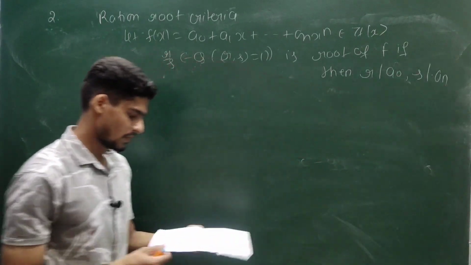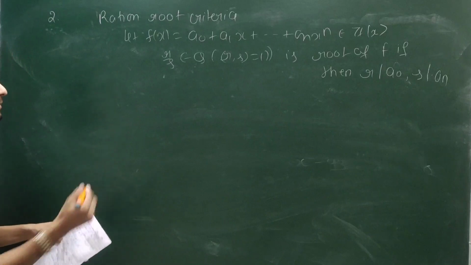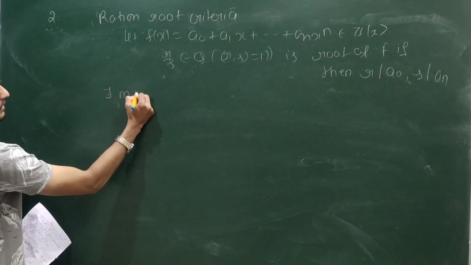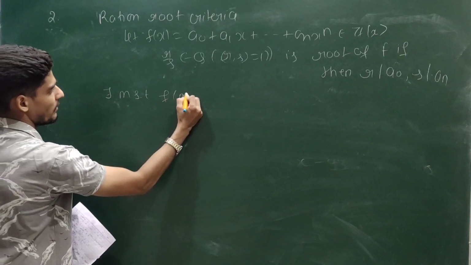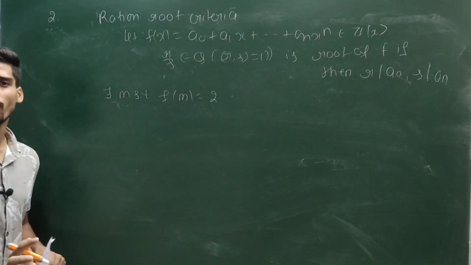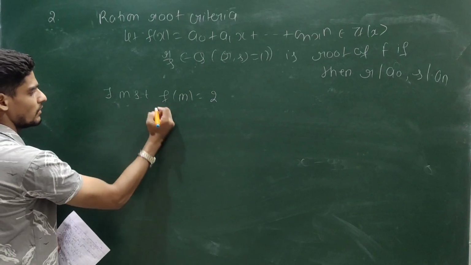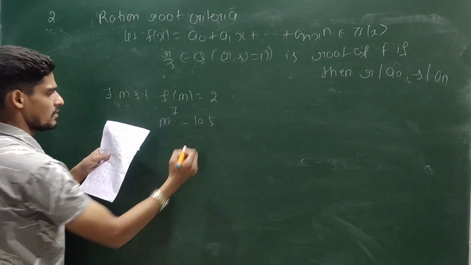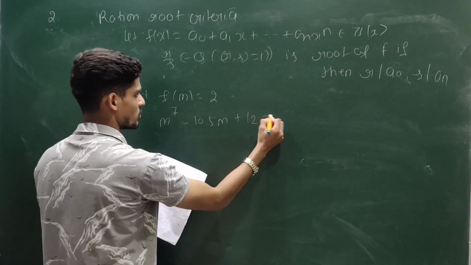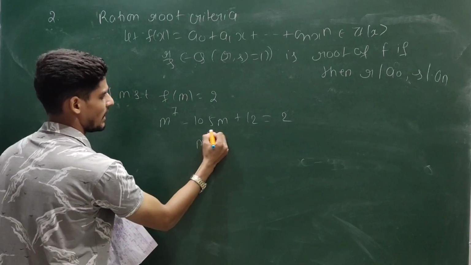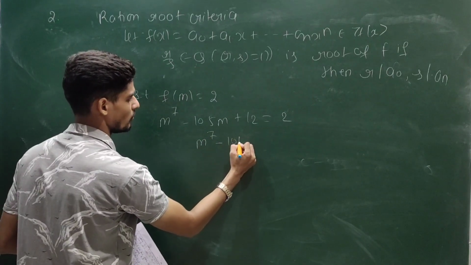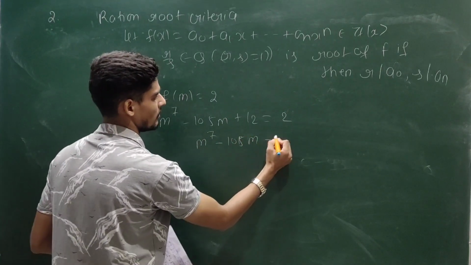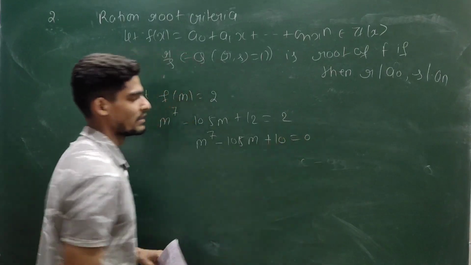There exists an integer m such that f of m बराबर 2. Suppose f of m बराबर 2, that is m power 7 minus 105 m plus 12 बराबर 2. So I can say m power 7 minus 105 m plus 10 बराबर 0.